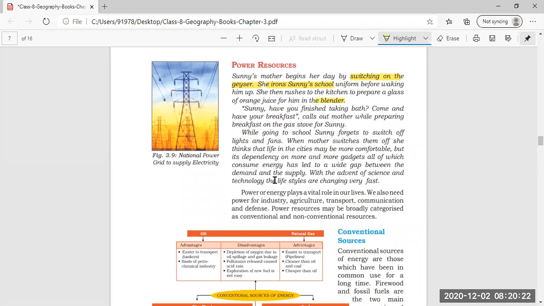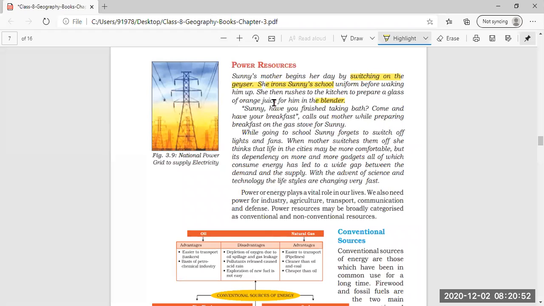That means whatever we demand, whatever we want to make use of, that power, we are just wasting a lot, because we are getting it and we can pay for it, but we waste that energy simply by not switching off lights.